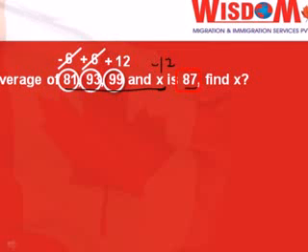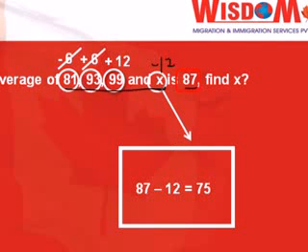Now since it gives a deviation of negative 12, x should be 87 minus 12, which is 75. So we have solved the problem using the deviation method. Now this looks pretty simple here. Let me take a recap.